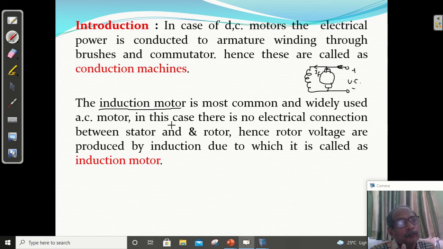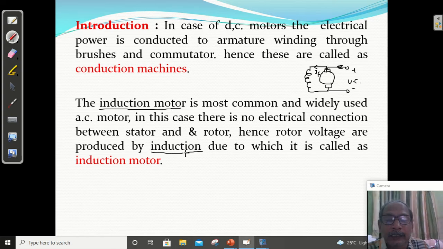So EMF will be induced on the stator as well as on the rotor. And as the EMF is induced on the rotor, current will start flowing in the rotor winding. Here EMF is induced because of the induction principle. There is no direct connection between stator and rotor.